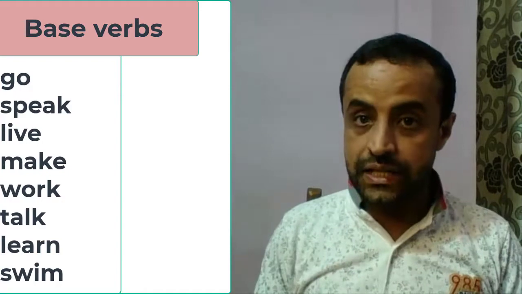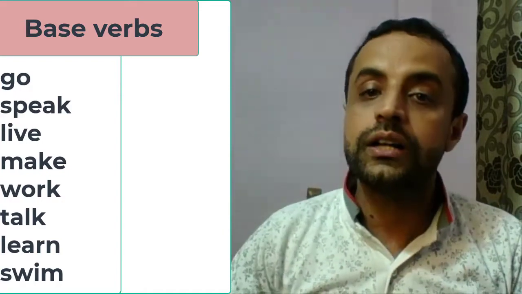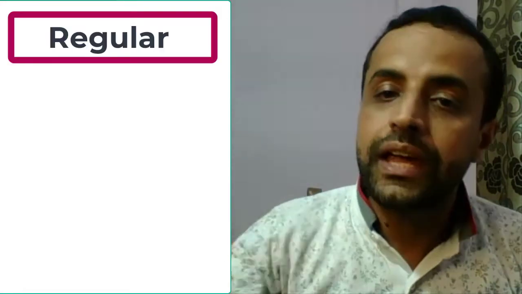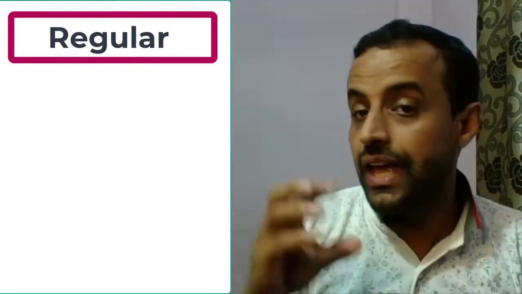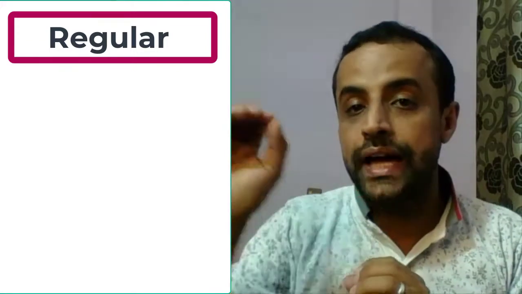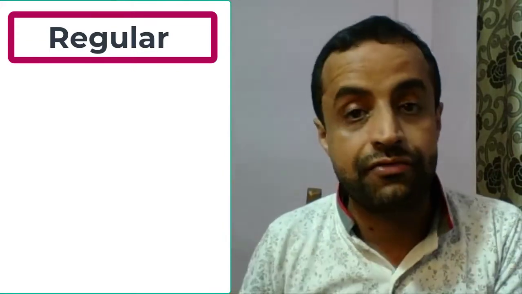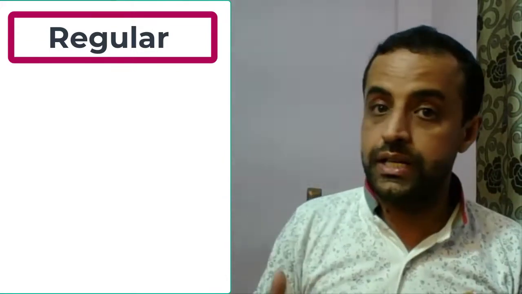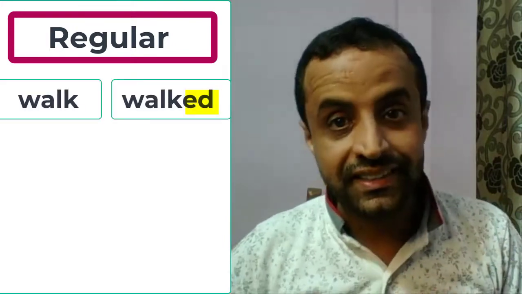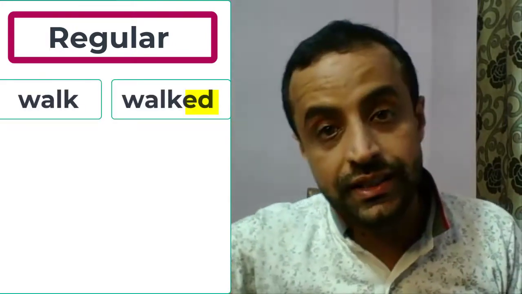And this is easy. In English, there are two types of verbs in the past tense. There are the regular verbs. Most English verbs are regular. Regular means they have a similar pattern. With all base verbs, you just need to add an -ed to the end of the verb. For example, walk, walked. Walk in the present, walked in the past.